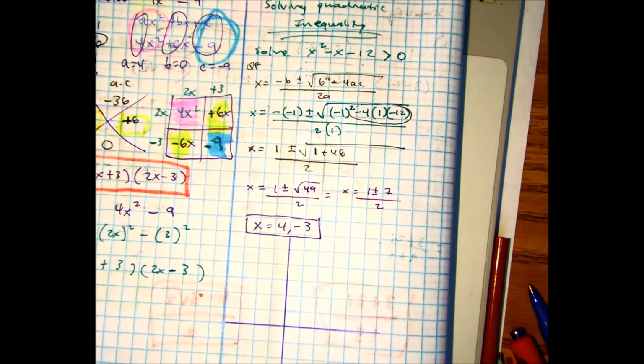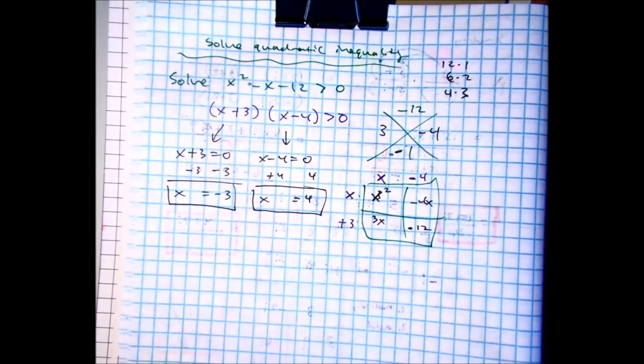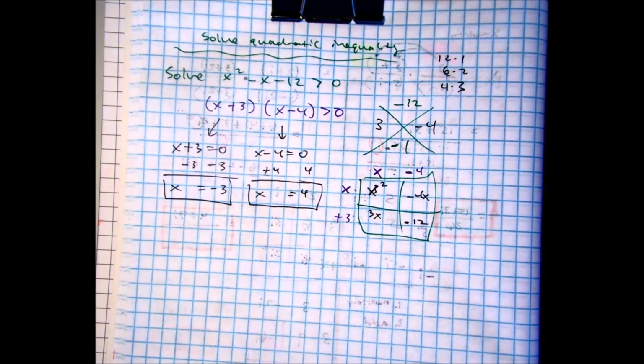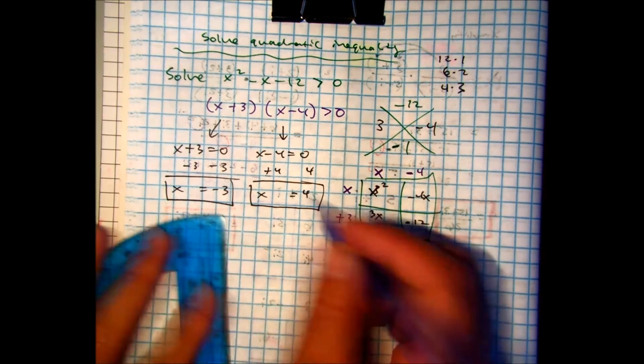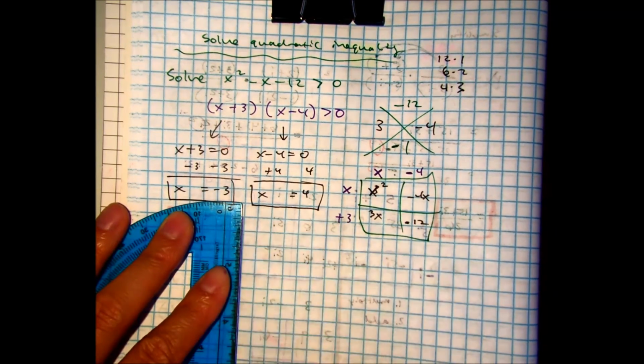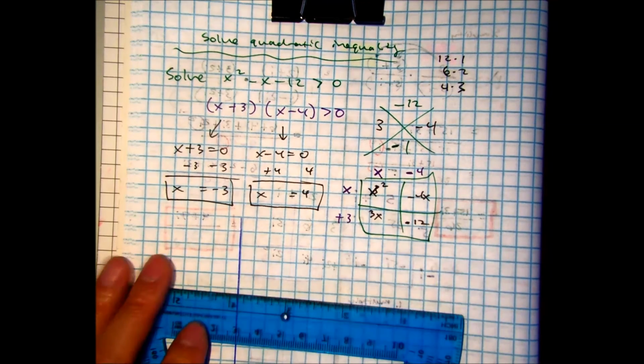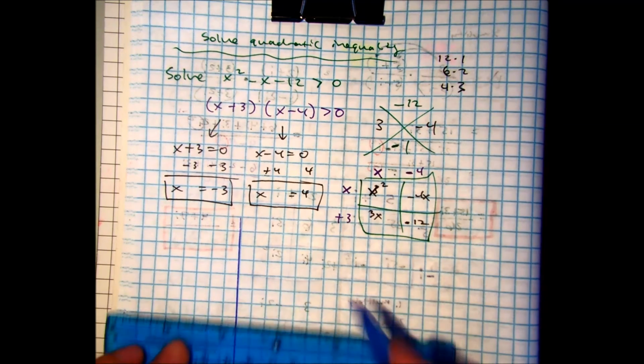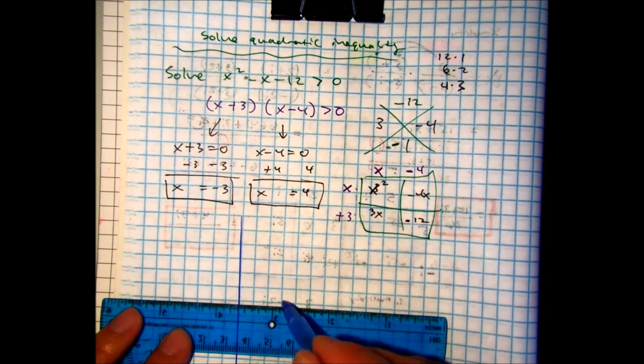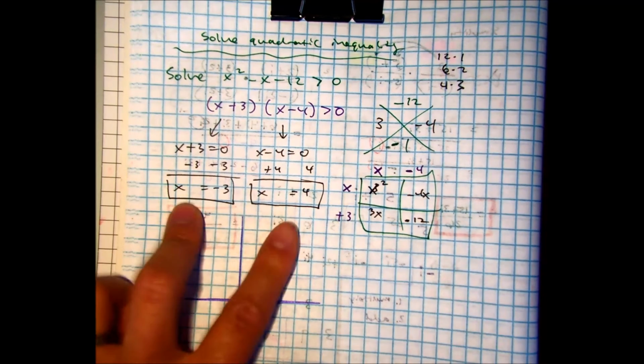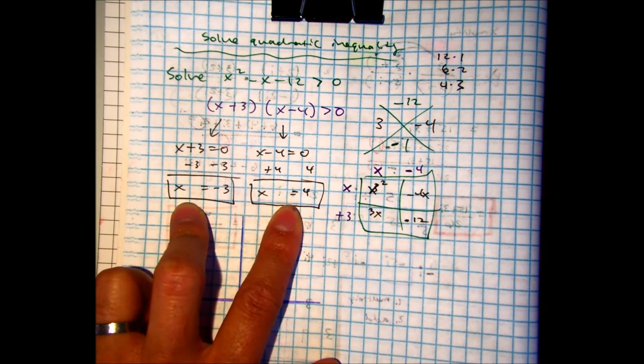Alright, here's some clues. Let's go ahead now and graph this. This is the only new part so far, is graphing it. So as I graph it, we just solve for the x-intercepts.